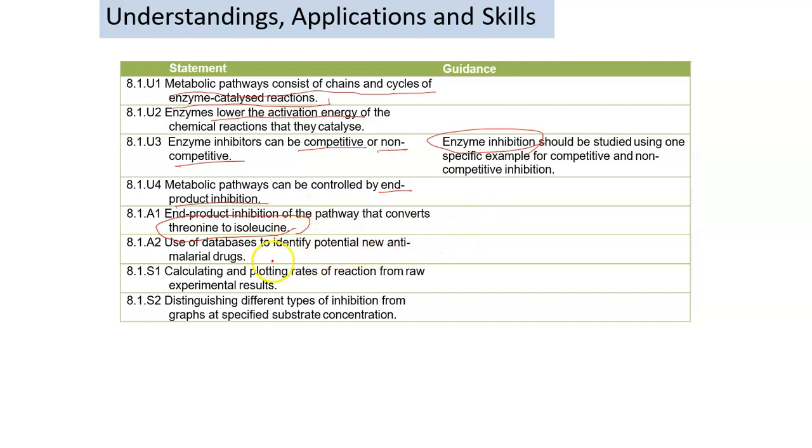Use of databases to identify potential new anti-malarial drugs, and calculating and plotting rates of reaction from raw experimental results, and distinguishing different types of inhibition from graphs and specified substrate concentration. So these are the things that we are going to learn by the end of this unit.